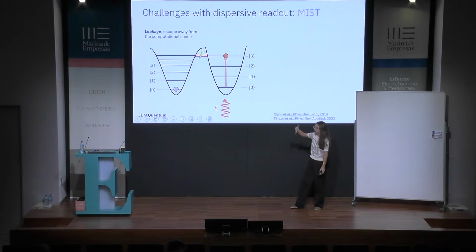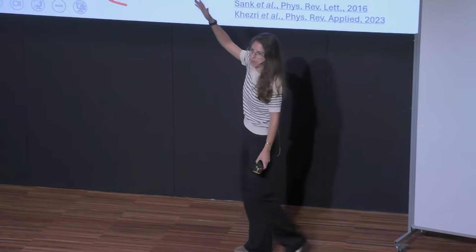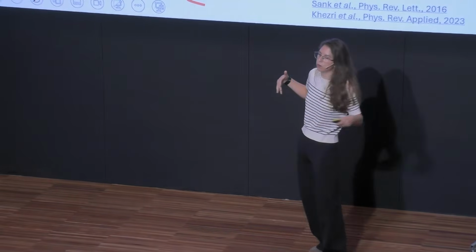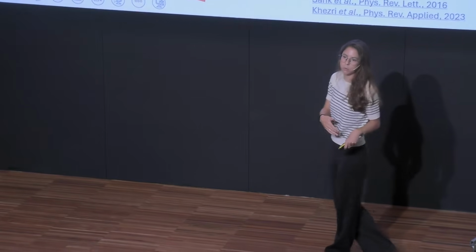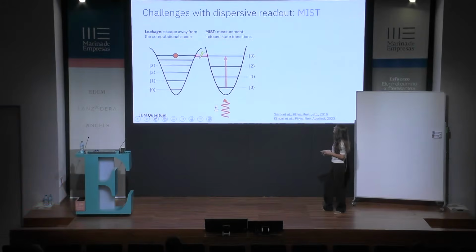You would actually have a Poissonian distribution of excitation. So it's not that you can choose, yeah, but I only excite it to the state 2 or 4 or whatever that's not resonant. It will be unavoidably in many of the states. You end up having that because of this transverse coupling, you can leak. And if your qubit is in any state that is not in the computational manifold, it's already a problem because that's leakage. So this is one of the challenges that dispersive readout can run into.